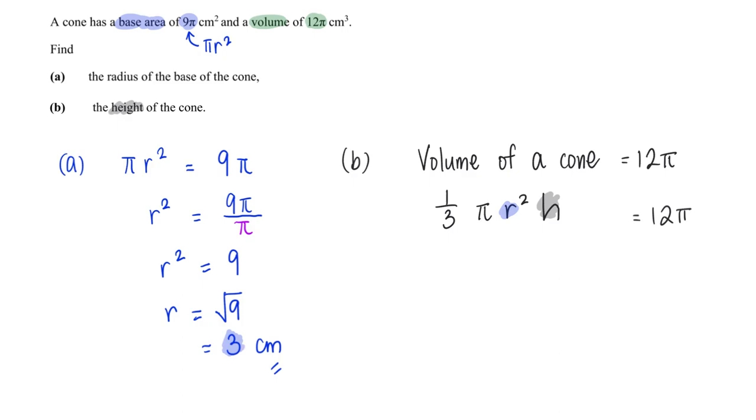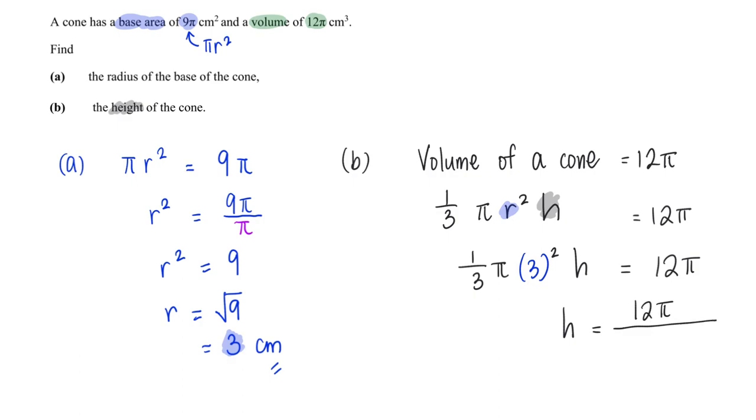So I'm going to just simply substitute in 1/3 times pi times 3 square times h is equal to 12 pi. And therefore, my h, which is the height, is simply 12 pi.